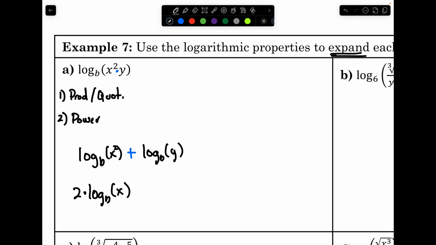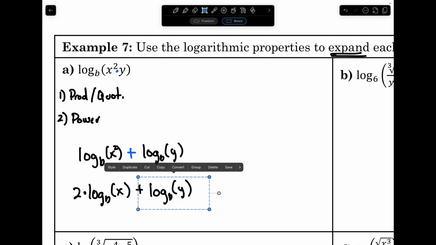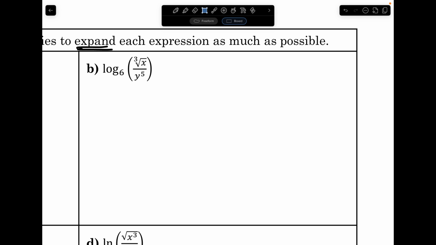But because it's the 1, it doesn't look any different whether I have the 1 like this or I don't have it at all, because multiplying by 1 doesn't do anything. It looks the exact same way. So this would also be an equivalent form. So this is the expanded form. So let's move on to the second example.